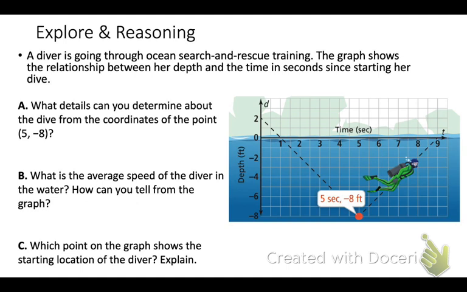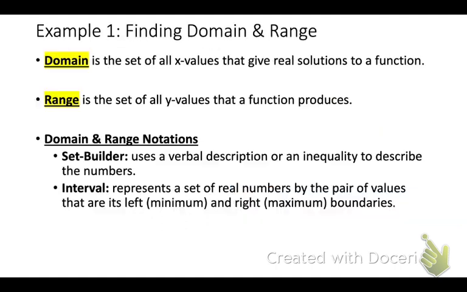But this picture is actually all real numbers. This is an absolute value graph, and its domain without a situation is all real numbers. But once I put it in a situation, my domain is from 0 to the end of the lake, or whatever she's diving in. Does that make sense? So they are situational.